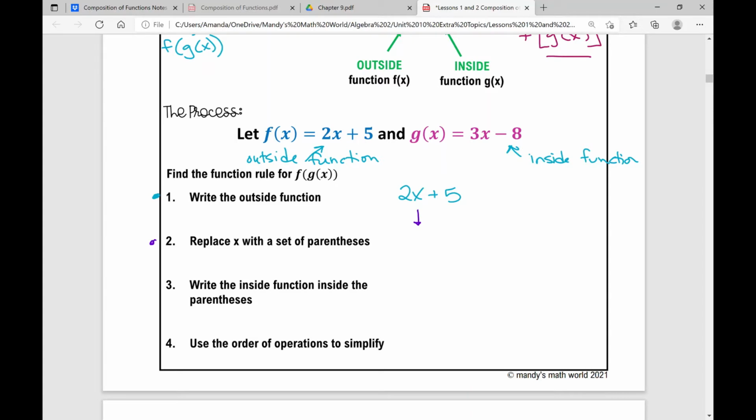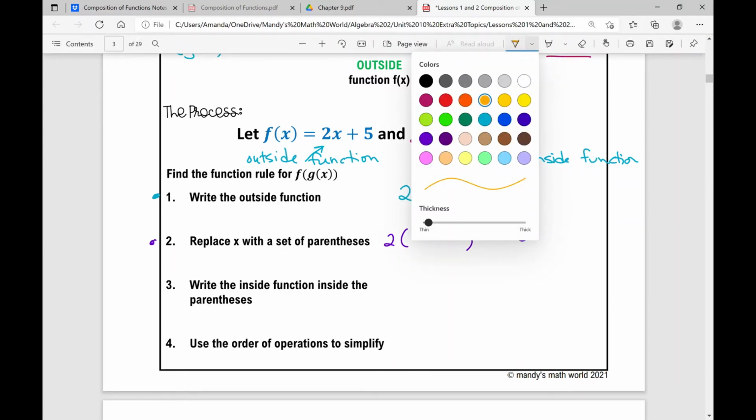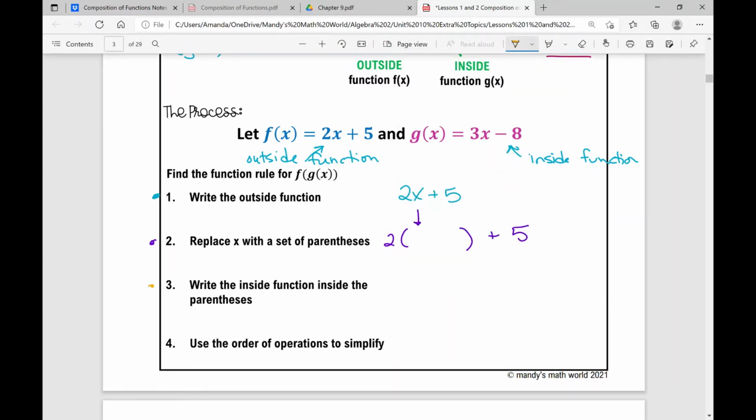So instead of 2x plus 5, I'm going to do 2, open parentheses, plus 5. Then step 3 says to write the inside function inside the parentheses. So I'm going to replace x with parentheses, and then inside those parentheses, I'm going to put 3x minus 8.